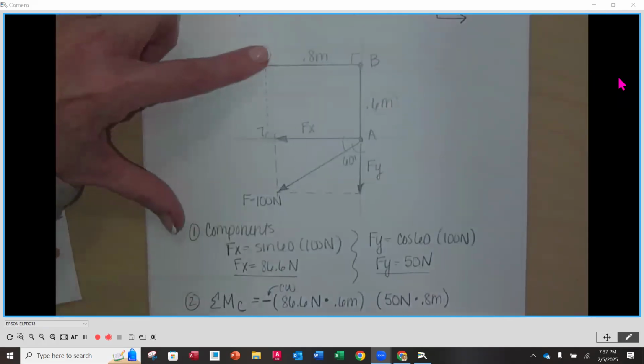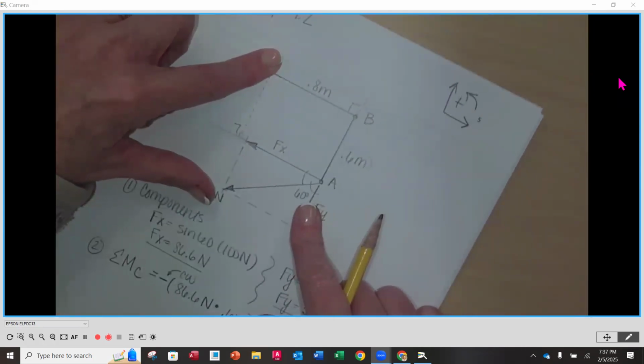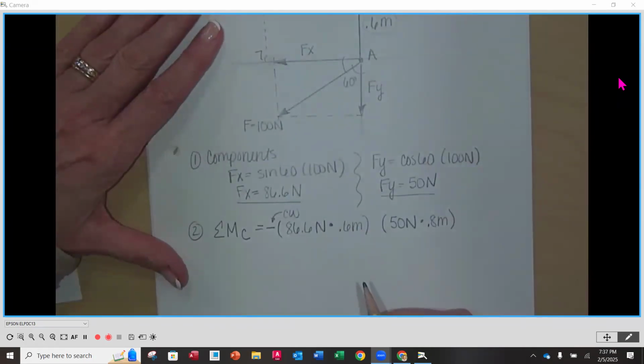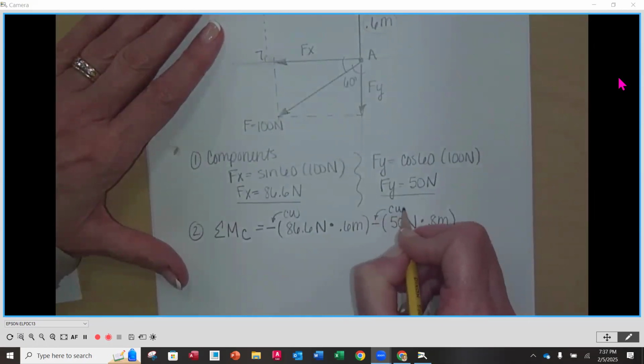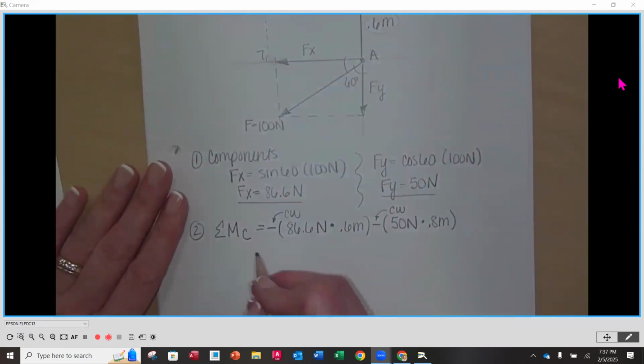And then again, the direction out front is going to be positive or negative? Negative, because it's clockwise. So now we just multiply and subtract these two.